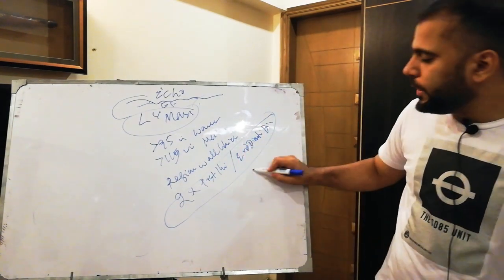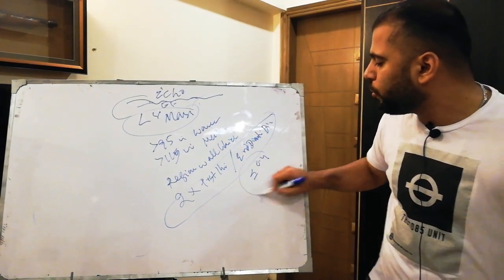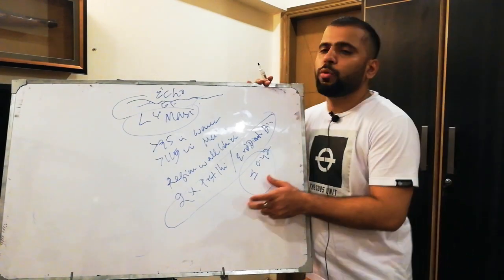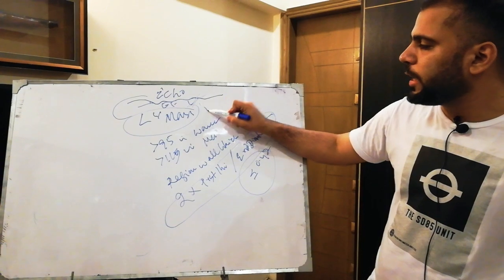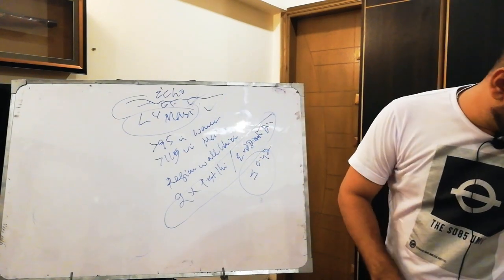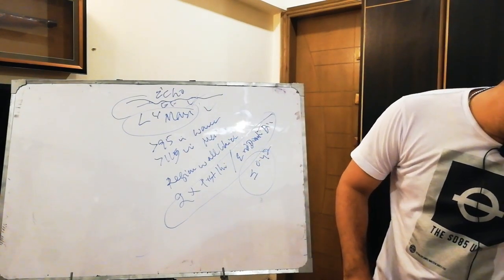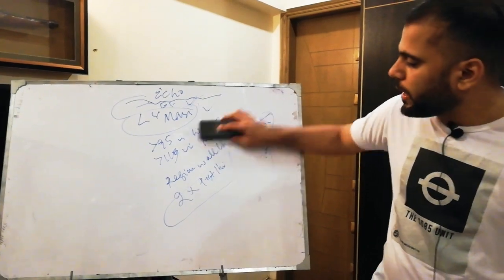If that is less than or equal to 0.42, it means your patient has a poor prognosis in heart failure. So we have discussed ejection fraction, LV mass, and relative wall thickness.